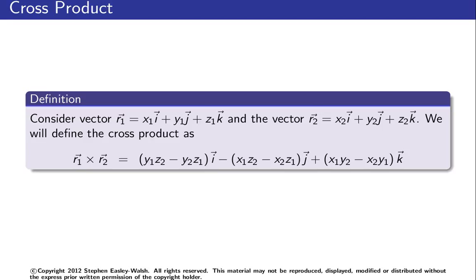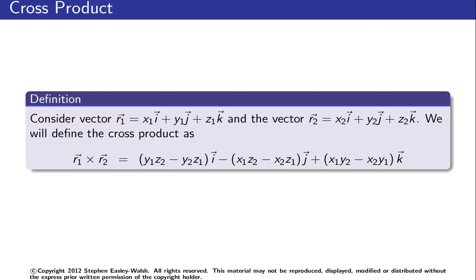Also notice the order of the numbers: it goes 1, 2, 2, 1, for each component, multiply, multiply, minus, multiply, multiply.